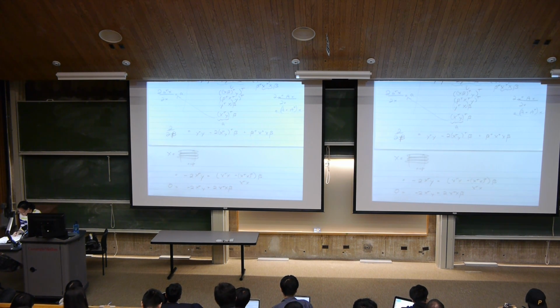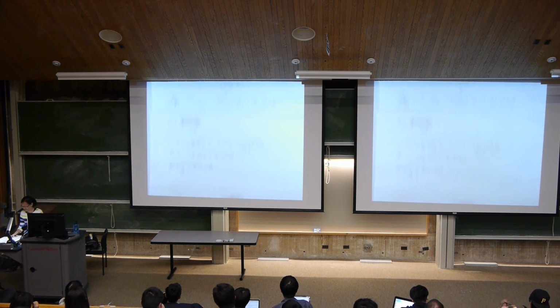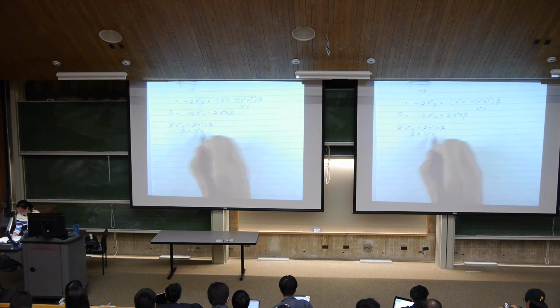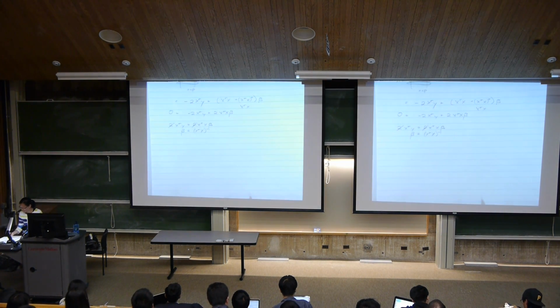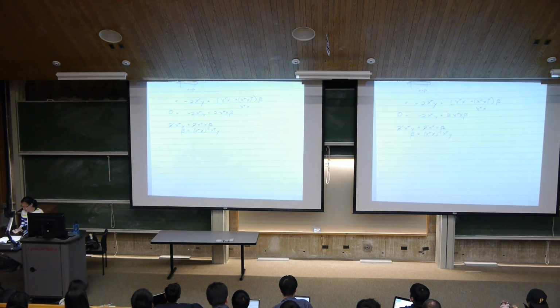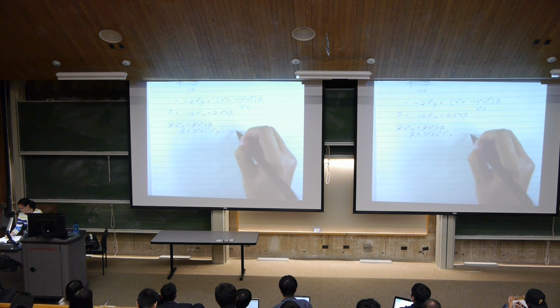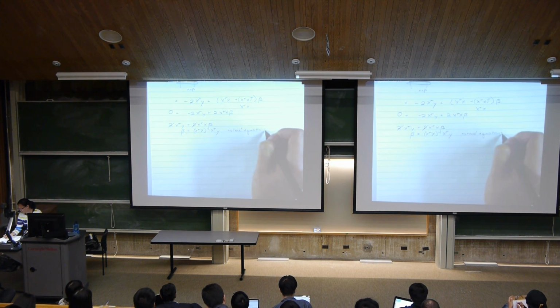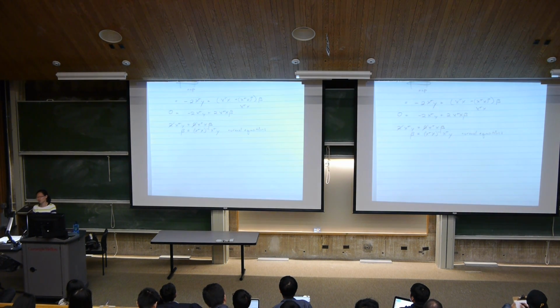These cancel, and you're left with beta equals x transpose x inverse, times x transpose y. These are called the normal equations. Alex presented them as well, only in a different form. This is the vectorized form.